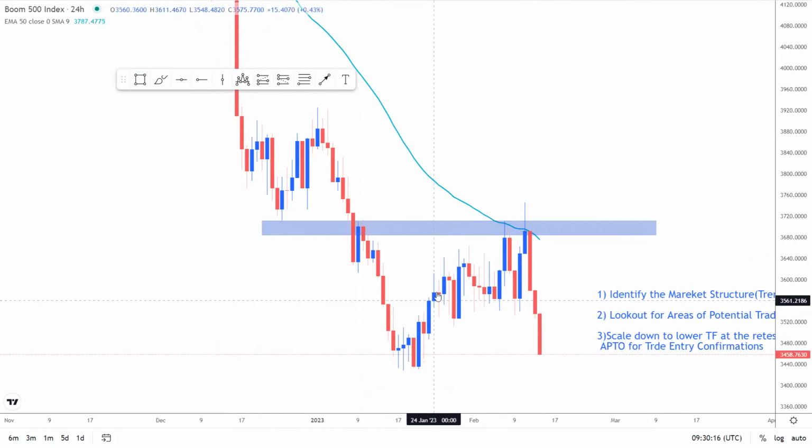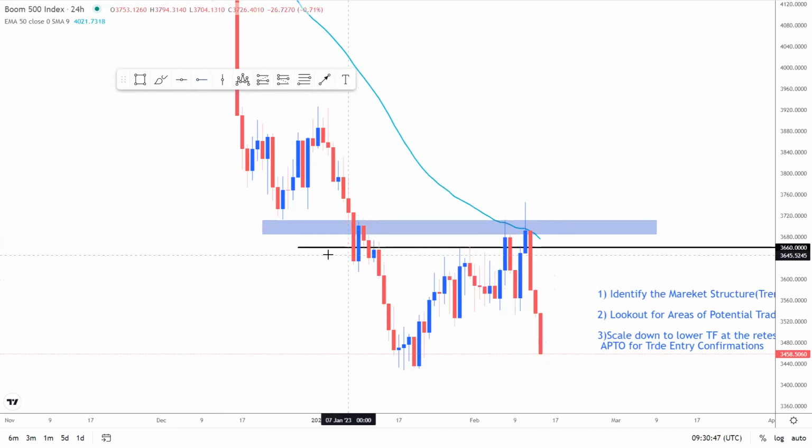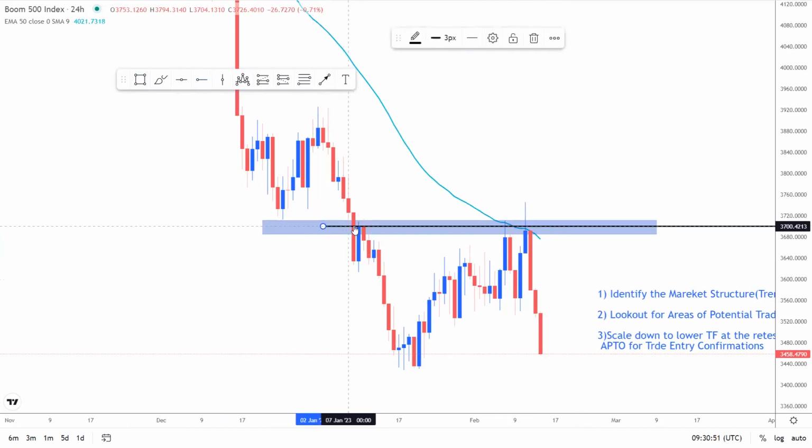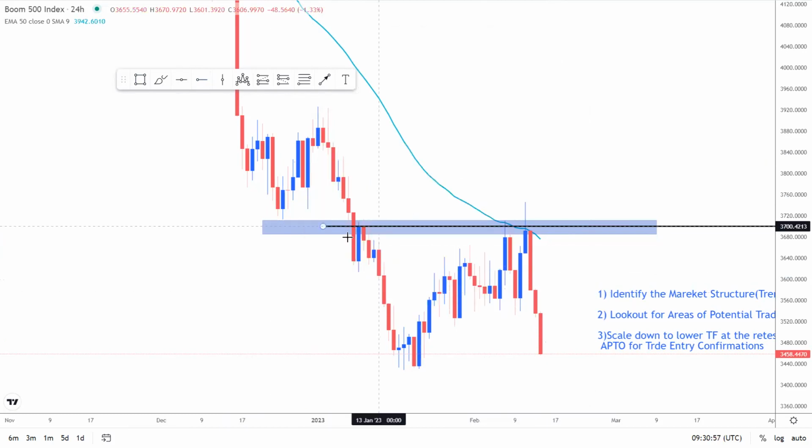So price was trading backwards to previous swing highs, somewhere around 3,700, a psychological round number.